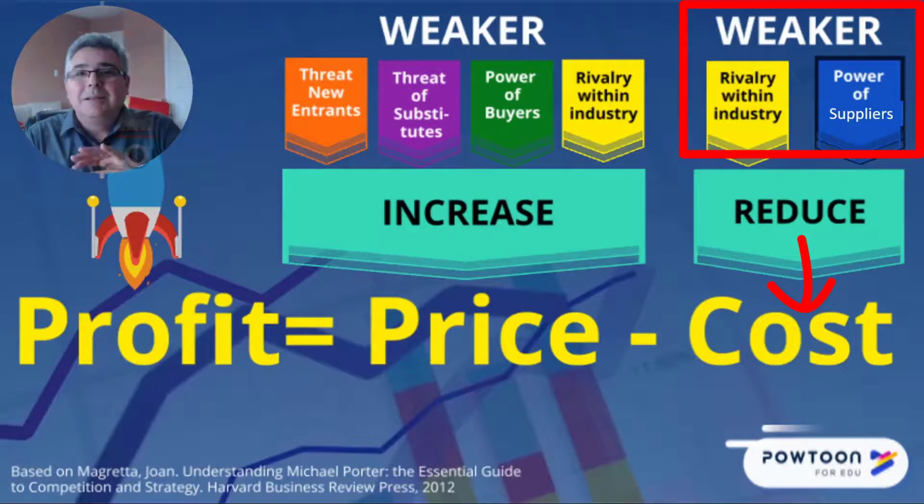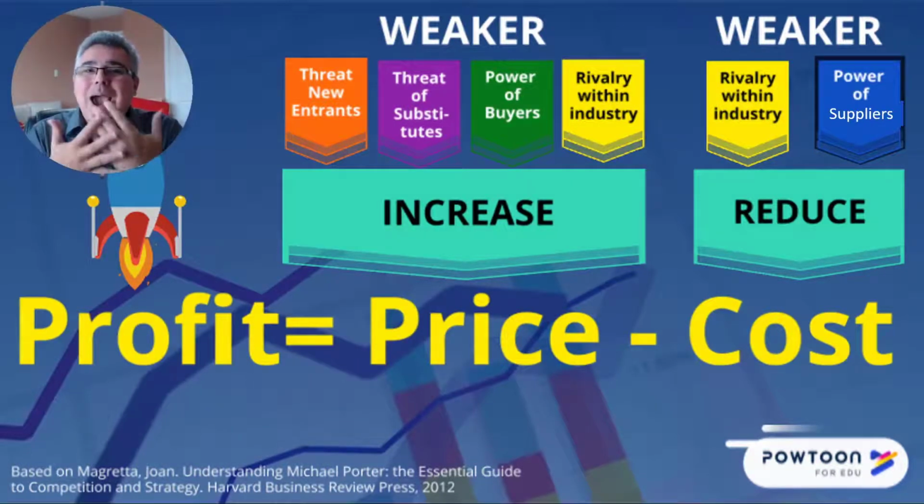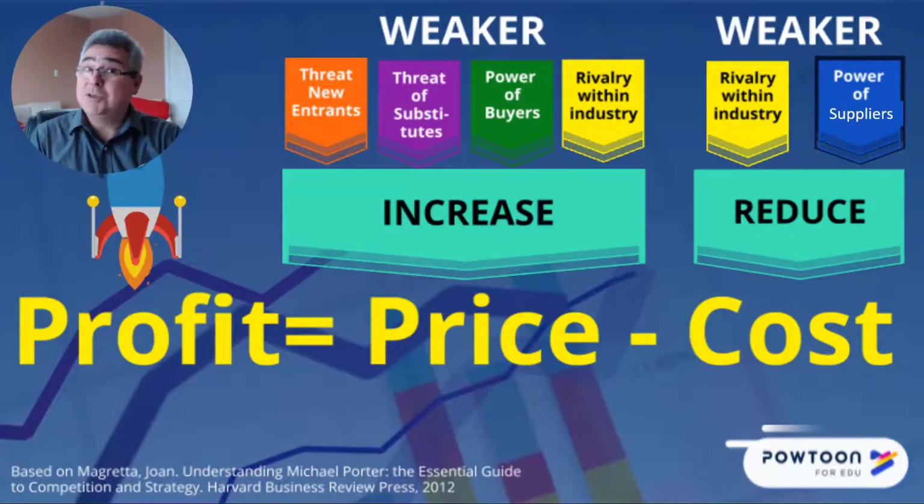That is the best industry to make money. Okay, so the five forces is a very clear model to help people understand if that industry is profitable, if it's easy to make money in that industry, or not.